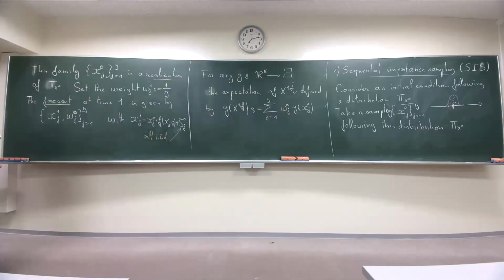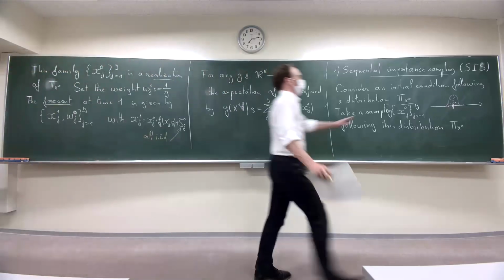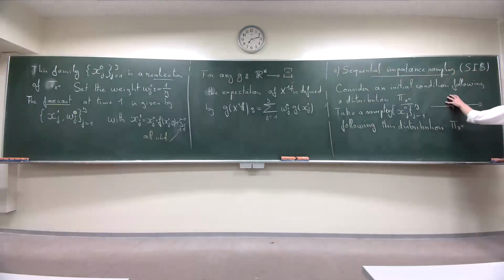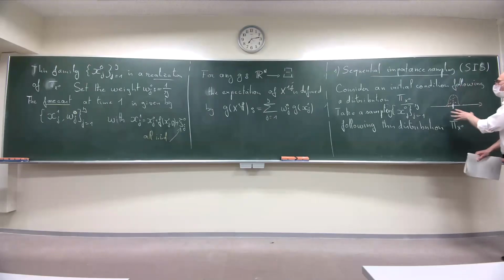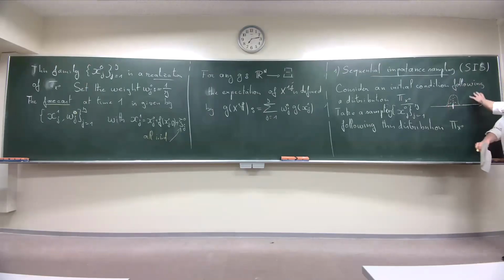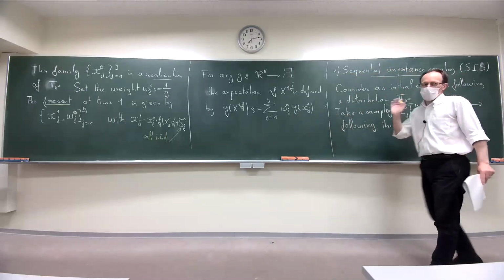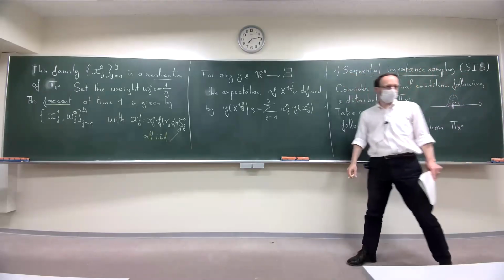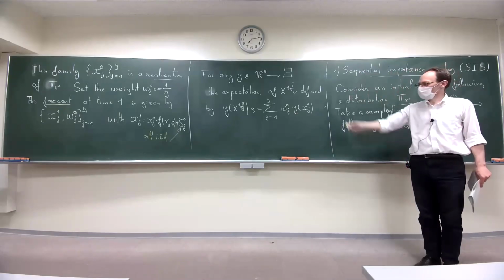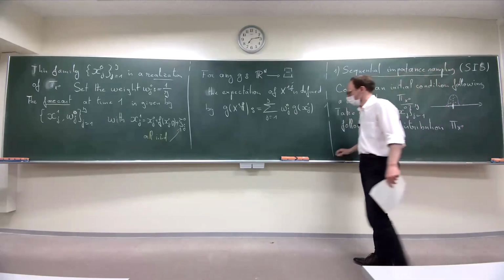And this is quite natural. We had a set of initial conditions. We let this set of initial conditions evolve. It gives us a set of the system at time 1, and we have no reason to prefer any of these points. So we have put the same weight, so 1 over J.